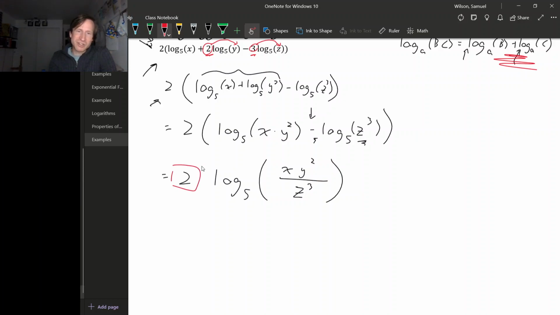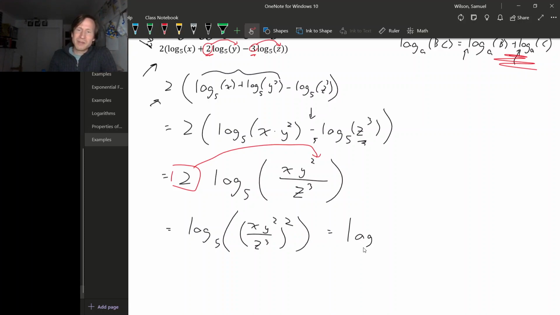But if we wanted to, we could also move this 2 inside there. That would give us log base 5 of xy squared over z cubed all squared. And then we could rewrite this as log base 5 of, right, this square is going to jump onto each piece. So we get x squared y to the 4th over z to the 6th. All right, so we've rewritten this sum and difference of logarithms using a single logarithm.